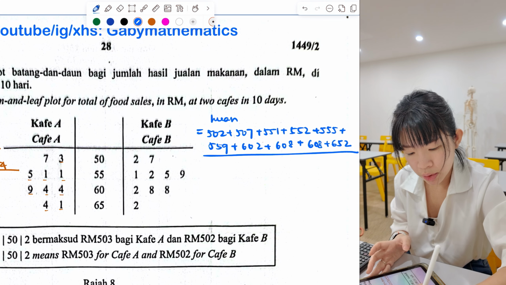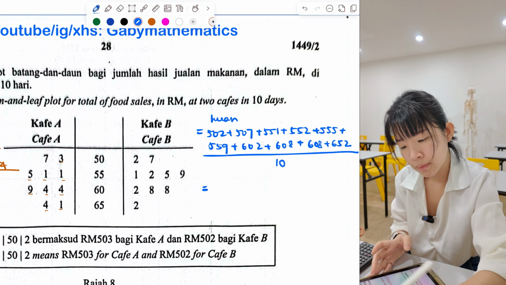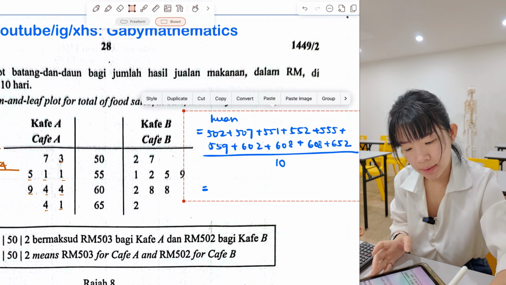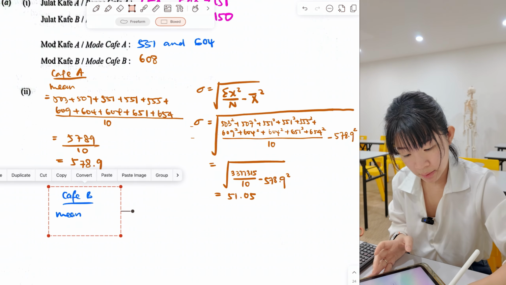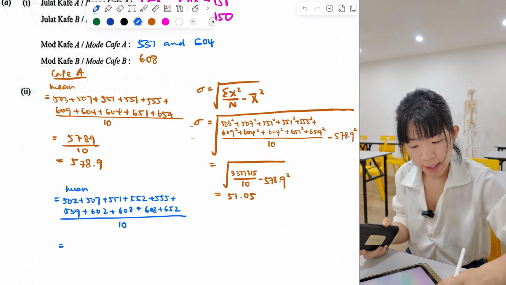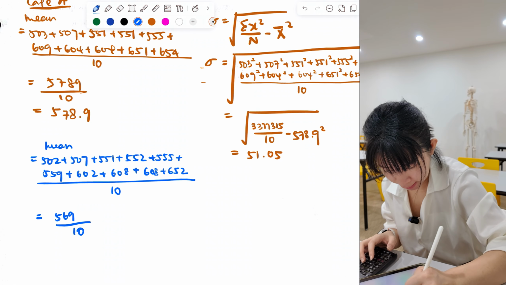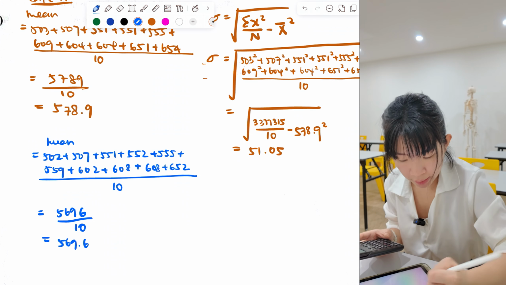Divide by 1, 2, 3, 4, 5, 6, 7, 8, 9, 10, 10 data also. Okay, calculate. You should get 5,696, then divide by 10, which is 569.6. So that's the mean.